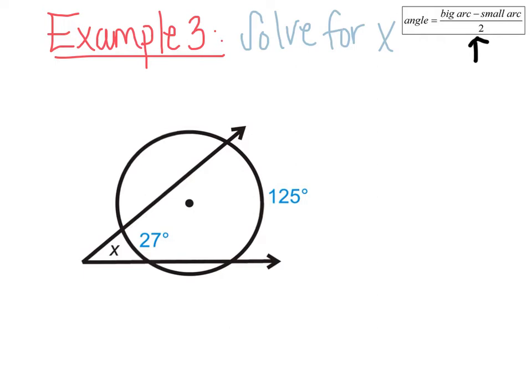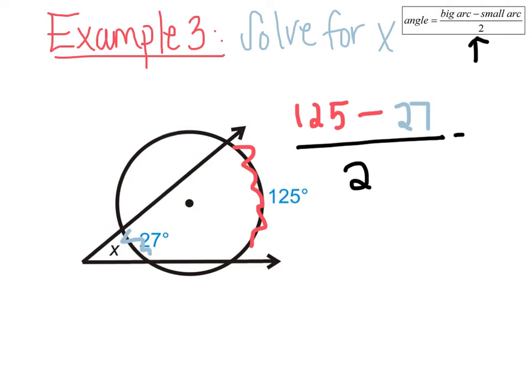So we identified the big arc at 125. So we have 125 minus our small arc at 27, and then we put it all over 2. So when we subtract, we get 98 divided by 2, and the outside angle is 49.